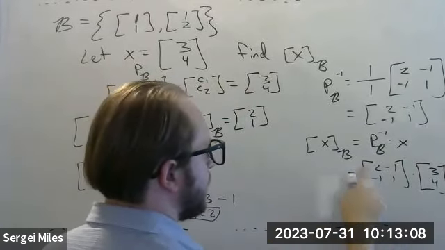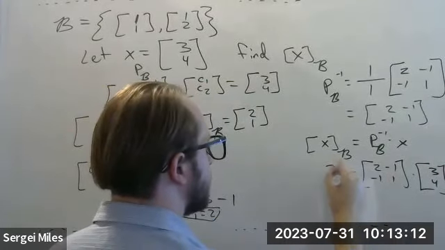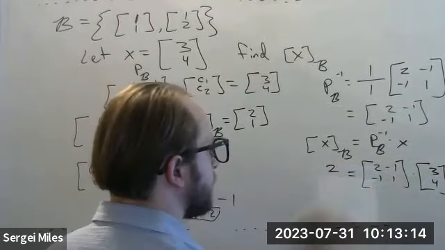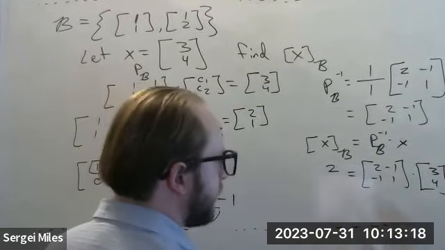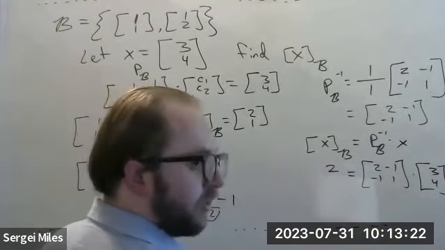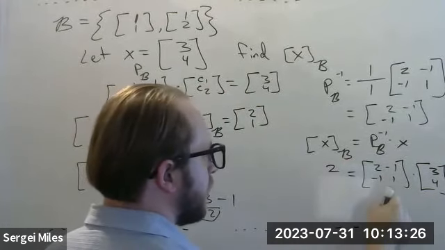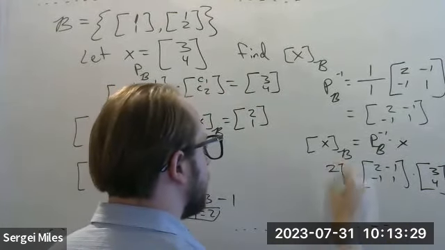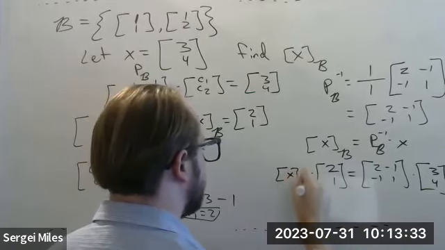Well, 3 times 2 is 6, minus 4 is 2. 3 times negative 1 is negative 3. Again, what am I doing here? This is the dot product, right? That dot product for matrix multiplication is super crucial. We're going to use it forever and always in this class. Negative 1 times 3 is negative 3, plus 4 is 1. Lo and behold, we get the same answer.